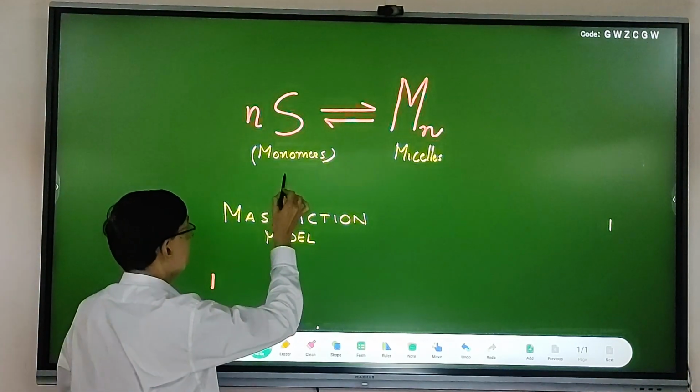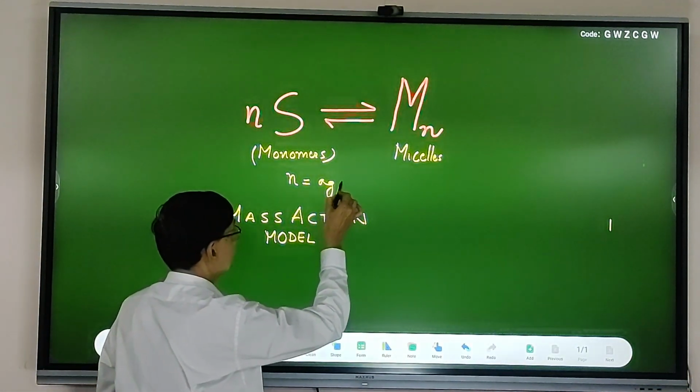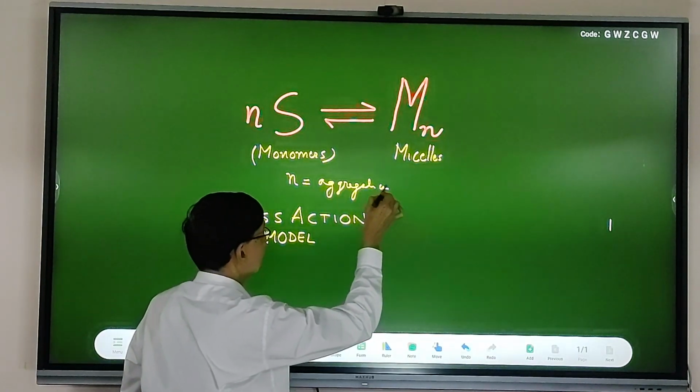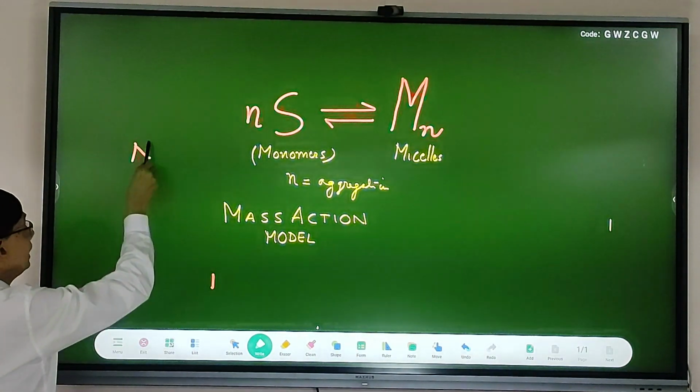And small n is the aggregation number. I am doing for non-ionic.